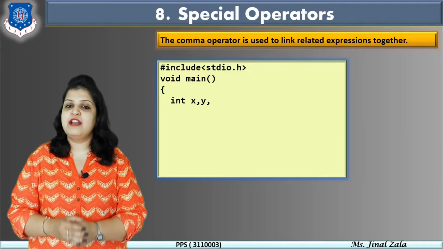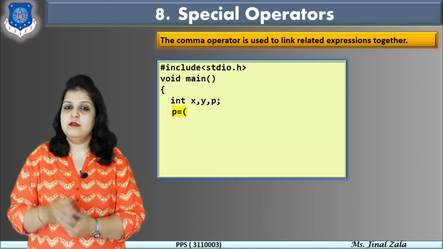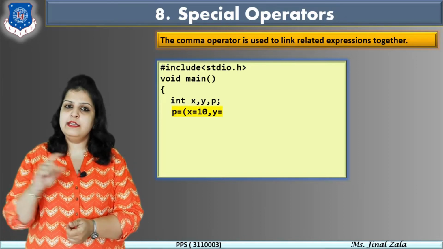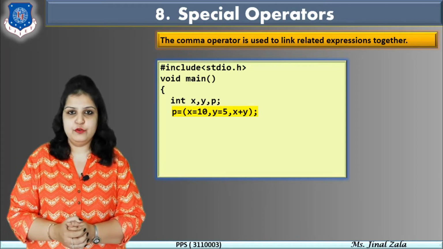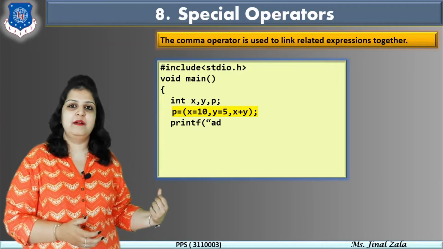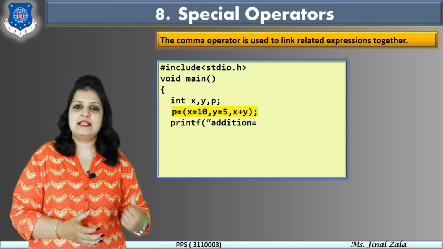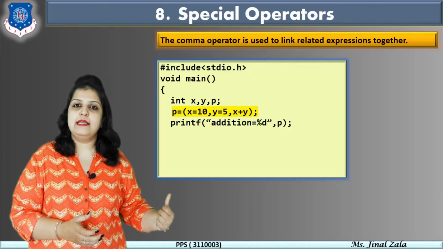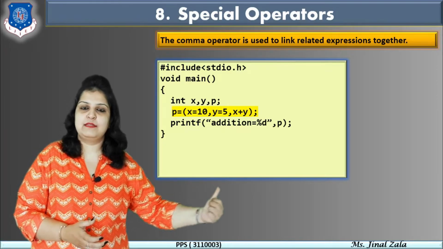But if I want to write input and process together in a single statement, we can do it using the comma operator. Just to see the example: p = (x = 2, y = 5, x + y).